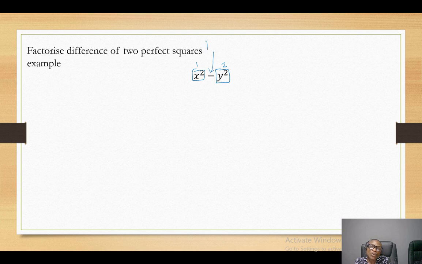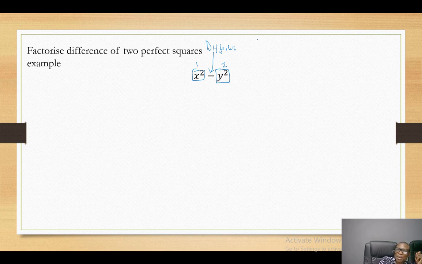That's where I talk about the difference. So I claim that x squared is a perfect square, y squared is a perfect square, so this is the difference of two perfect squares.